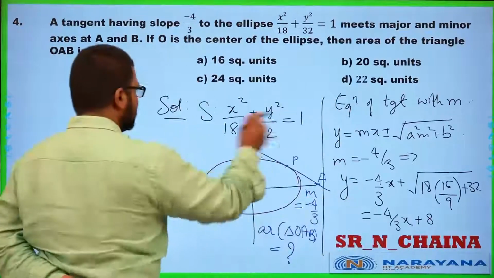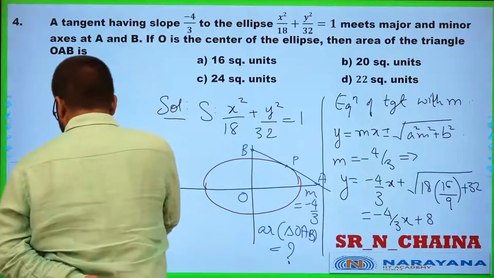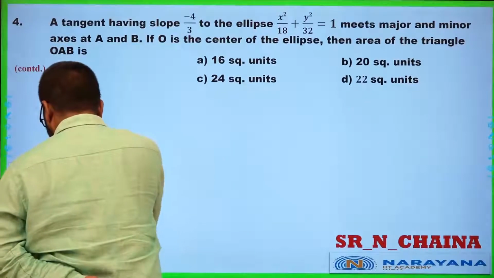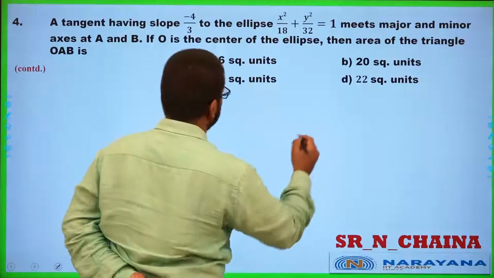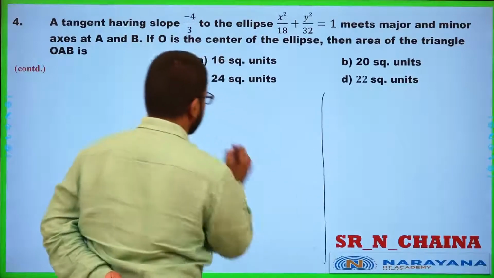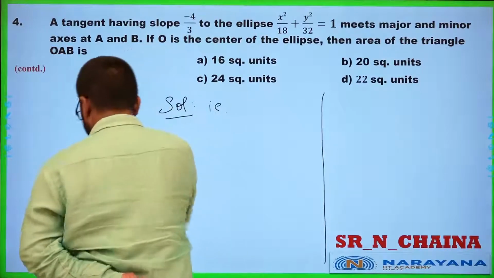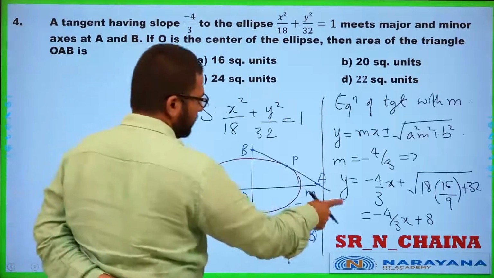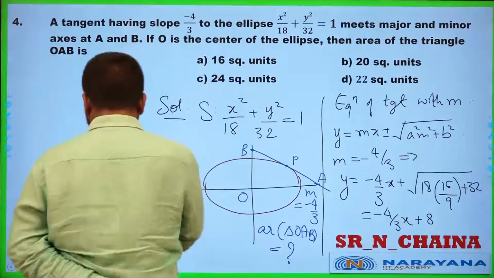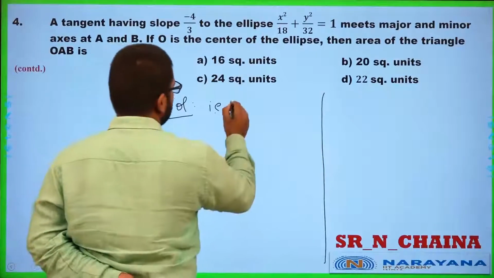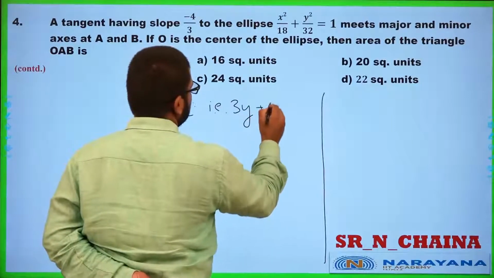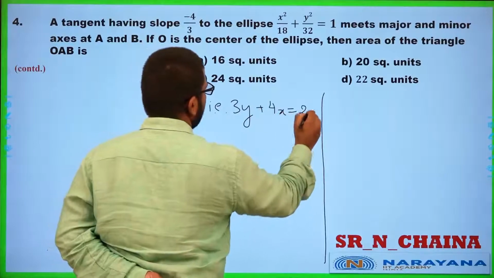Okay. So let us rearrange the terms and write the equation properly. We will say that is 3y equal to minus 4x plus 24, or rather 3y plus 4x equal to 24.